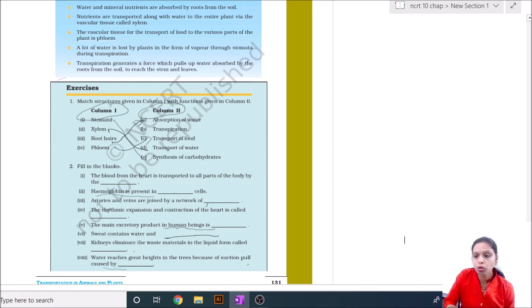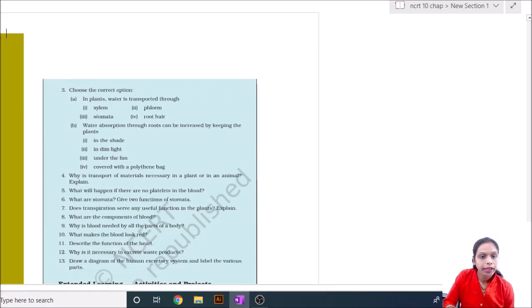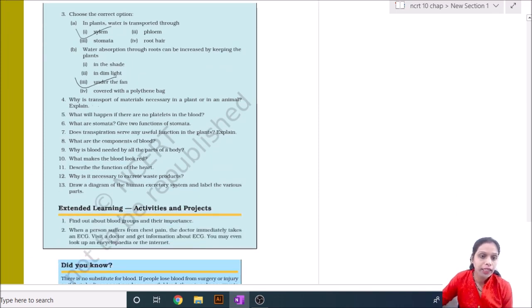Now our next question: in a plant, water is transported through the xylem. Water absorption through the root can be increased by keeping the plant under a fan, because it gives a cooling effect. Next question: why is transport of materials necessary in plants or animals?